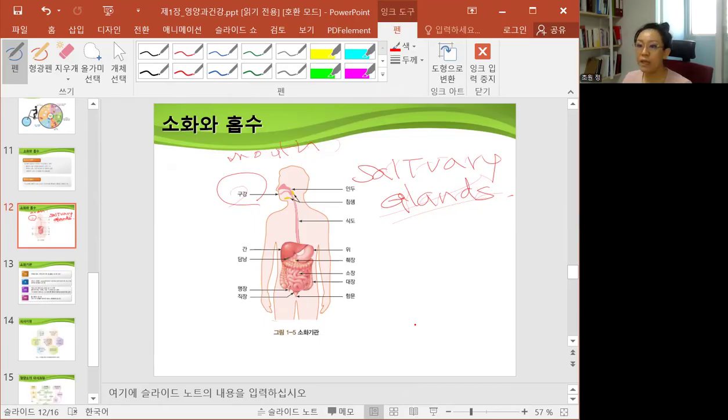The tongue plays an important role in moving the food around and mixing it with saliva. Saliva is produced by the salivary glands.